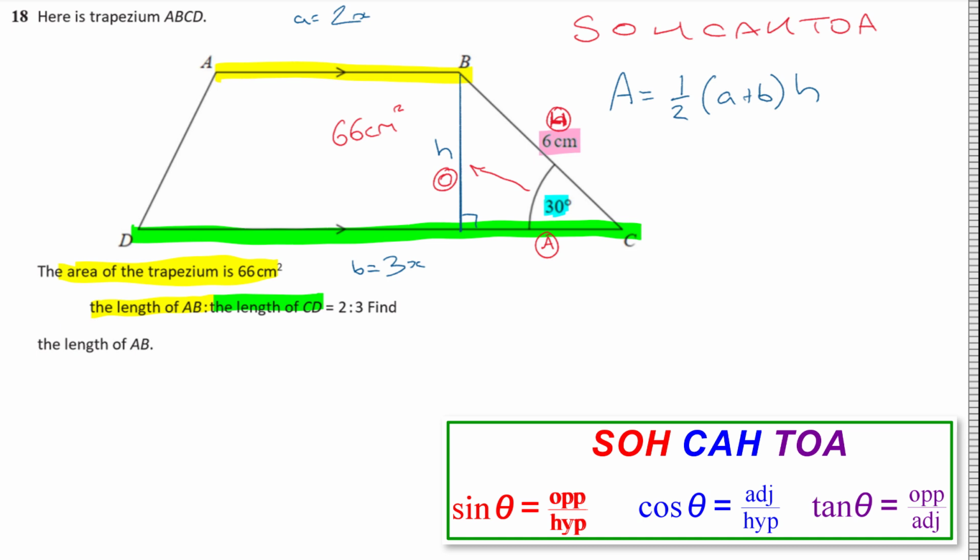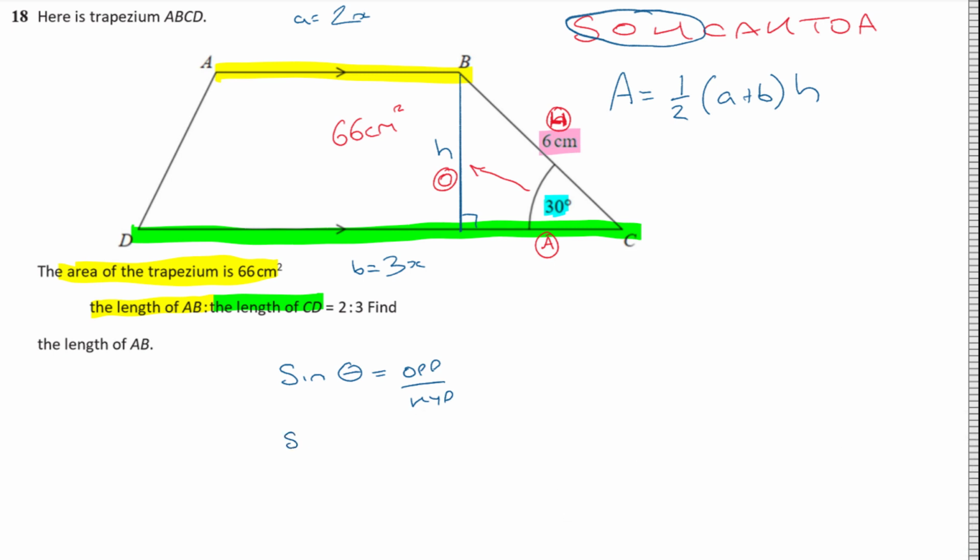So which ratio has got to do with the hypotenuse and the opposite? It is this one here, isn't it? So I know that sine theta equals opposite over hypotenuse, where theta is 30 degrees in this case. The opposite is what I'm looking for, it's H, and the hypotenuse I know, which is 6.